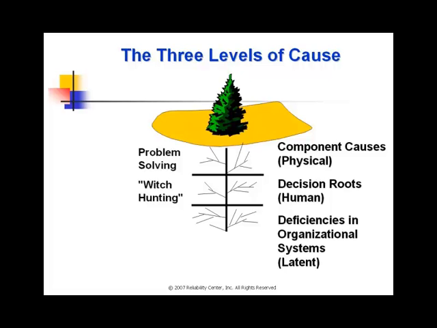These are our systems, our organizational systems, our policies, our procedures, our purchasing habits, our training habits. These are the systems that are put in place to help people make better decisions. When we get to that level of drill down and understanding why people make bad decisions, then we will be doing RCA.